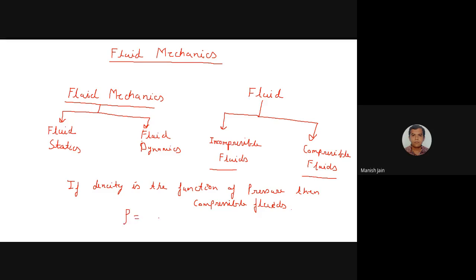So we will follow the standard notations. Rho means density, T means temperature, P means pressure, V means linear velocity, Q means volumetric flow rate, mu means viscosity, which we have followed in transport phenomena. So you have to follow the standard notations in this subject also. If rho is a function of temperature and pressure, then the fluid is compressible.